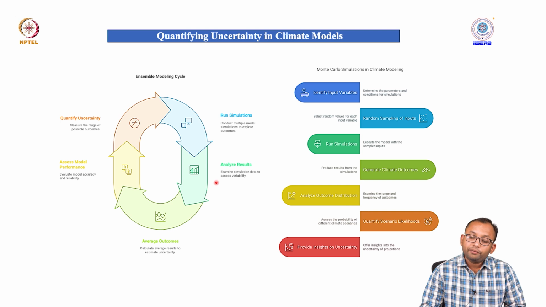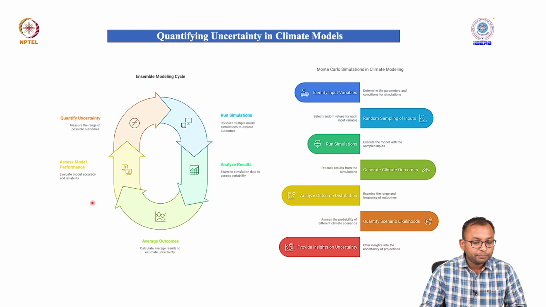Because we are working with multiple models at the same time, we have to average the outcomes, calculating the ensemble mean of the data, or with their uncertainty. Let us say you have 10 models or 15 models or 20 models like that. So, in that you have multiple different outcomes based on the different models. We can calculate the mean behavior of all the models with their standard deviations, with their errors, and then we can calculate the uncertainties with that.